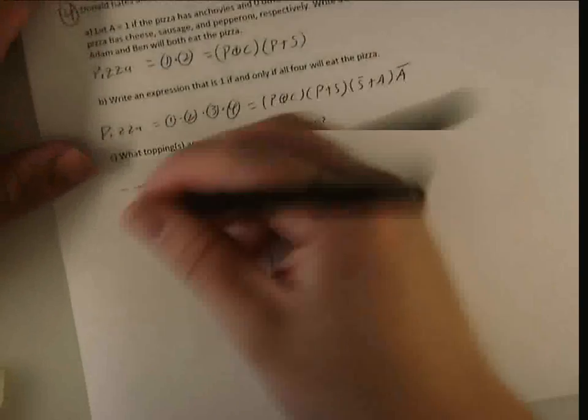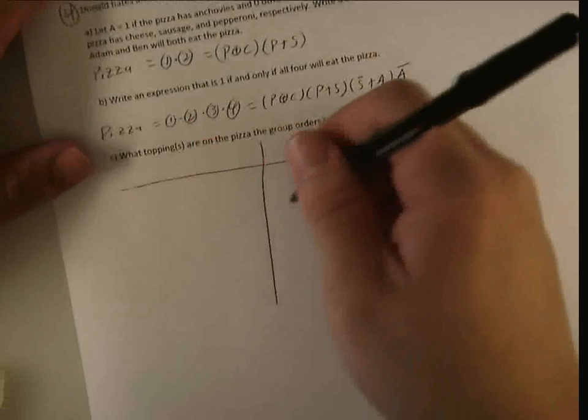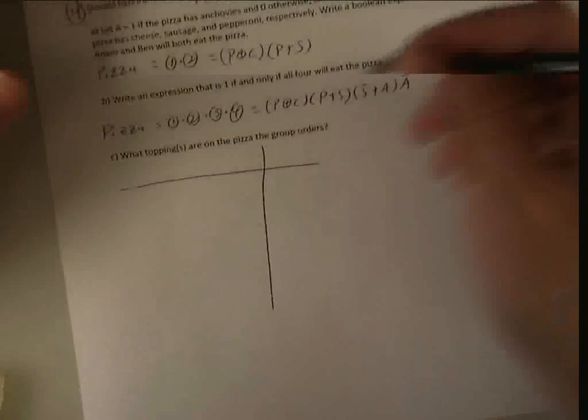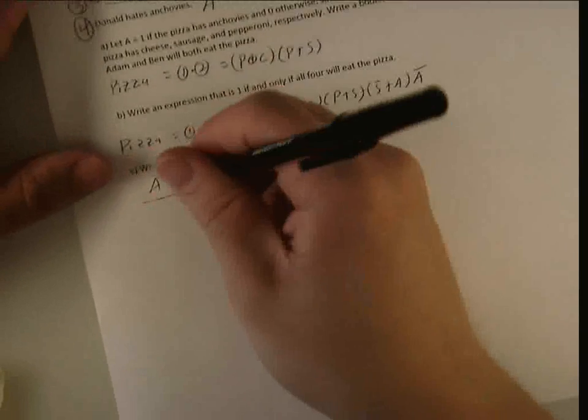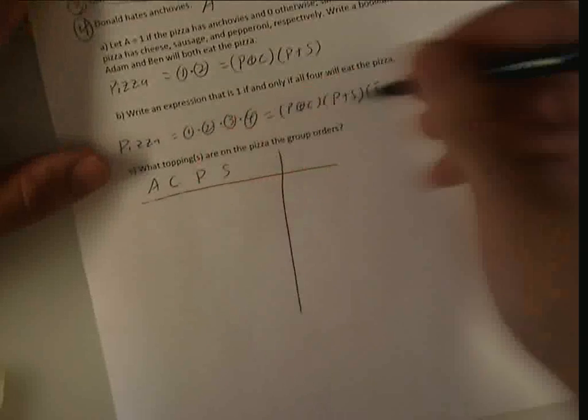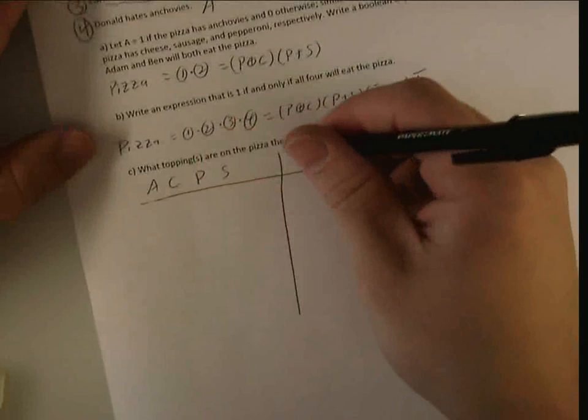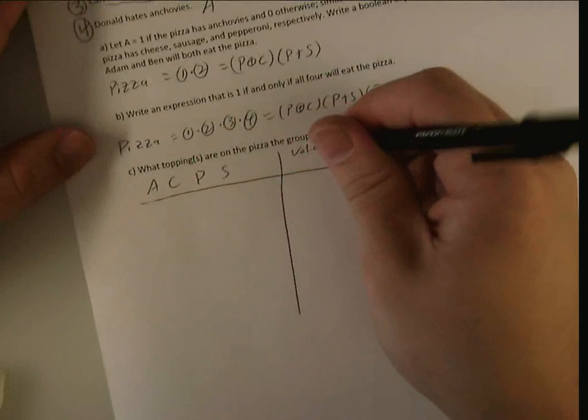So I'm going to fill this out, find the rows that give me a 1, and those are the toppings that can be on the pizza. So I've got A, C, P, and S, and valid pizza.